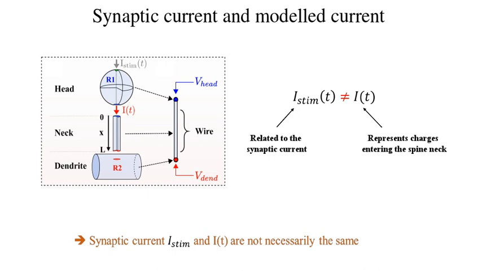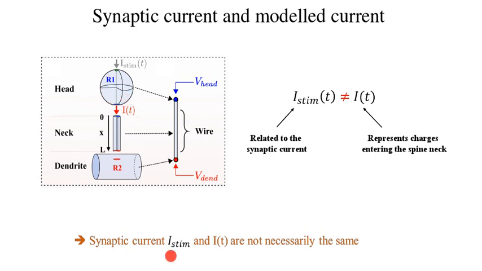This is something I would like to insist on: the synaptic current, the current that is entering here, is not necessarily equal to the current that is flowing inside the neck. However, this is not going to be that important because we are going to have, as a piece of information, the voltage changes reported here by the voltage dyes.